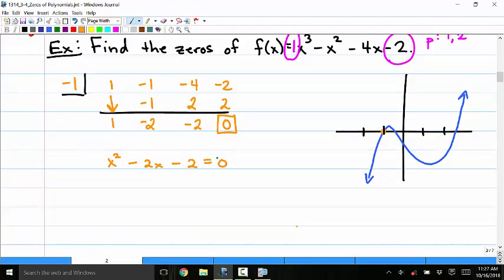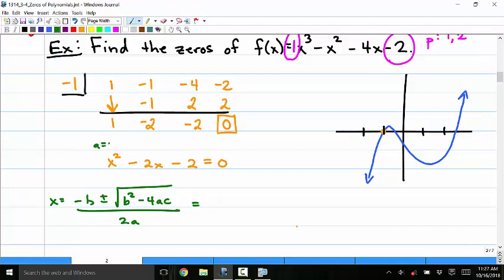I could use the quadratic formula that says x equals -b plus or minus square root b squared minus 4ac all over 2a. So what do I get? What's a? 1. B is -2. And c is -2.